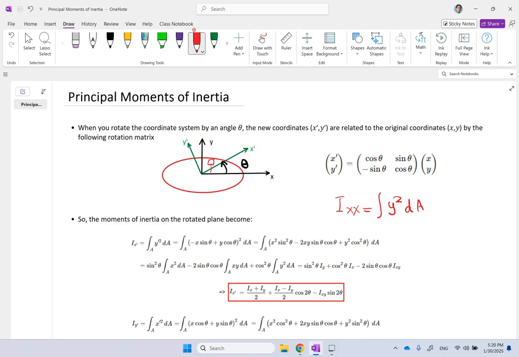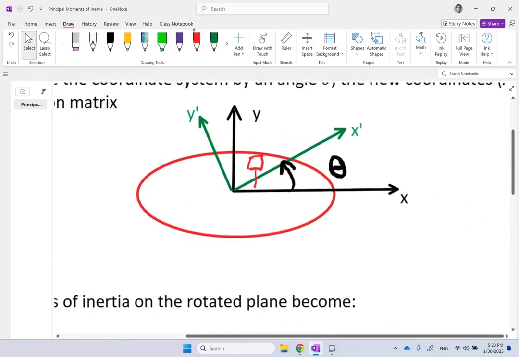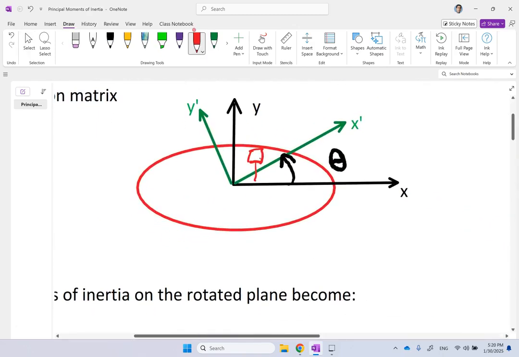Now, if I rotate my coordinate frame, so if I go from frame xy to frame x prime, y prime, which is acquired by a rotation about the z-axis by angle theta counterclockwise, then you can clearly see that the y that you have here for this surface is going to be different, right?